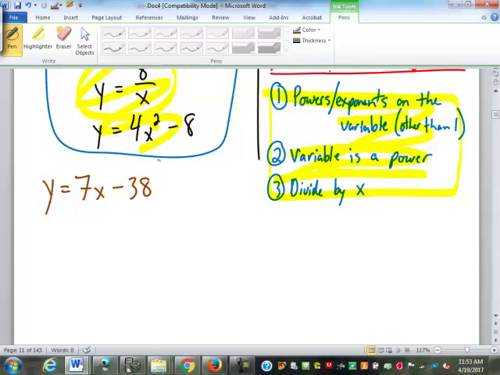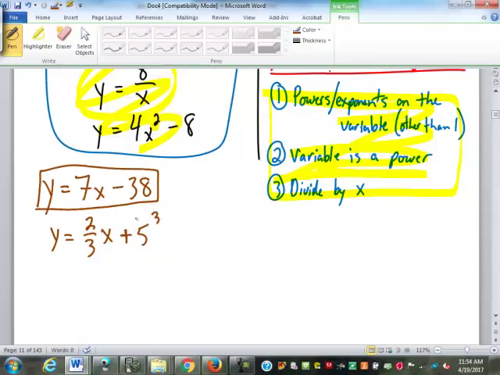Yes or no? Is that going to make a line or not? Somebody be brave. Yes, it will. It does not have any of our issues. How about this one?